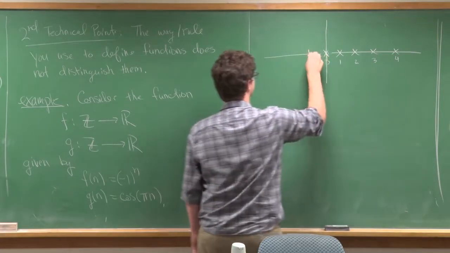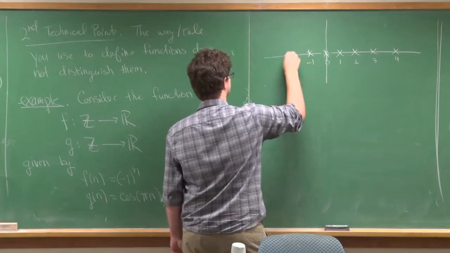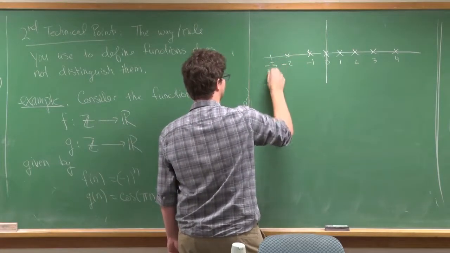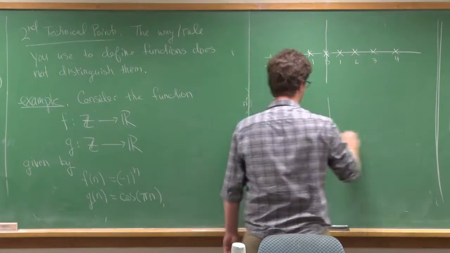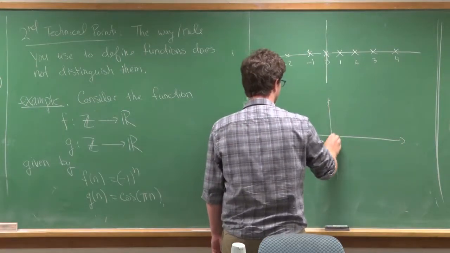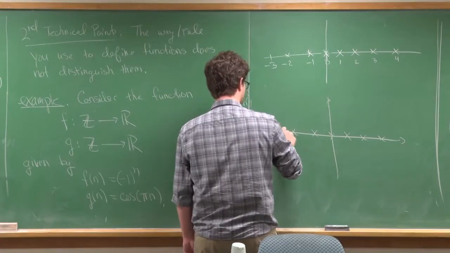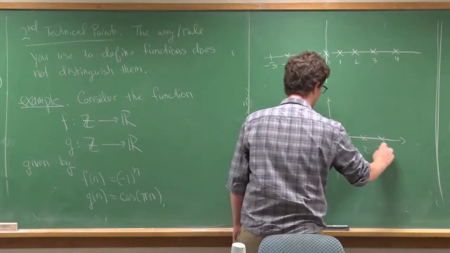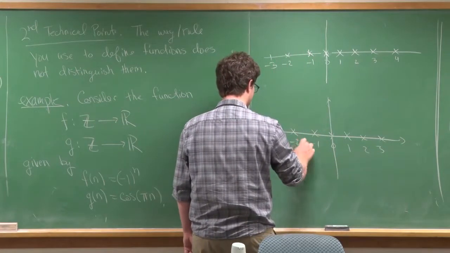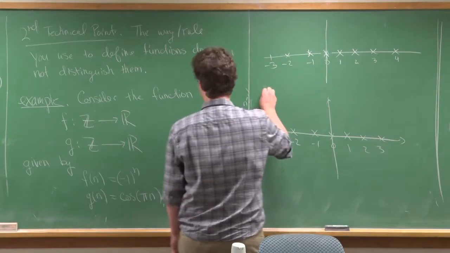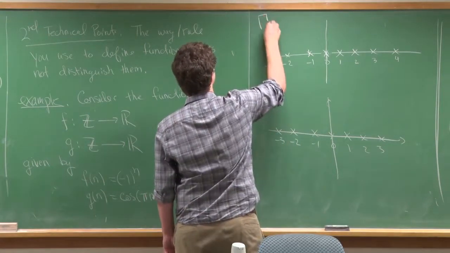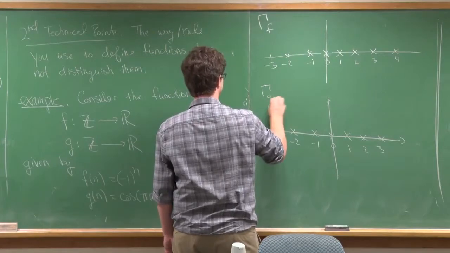This is 0, -1, -2, -3. And let's do the graph here of the second one. So we'll do 0, 1, 2, 3, -1, -2, -3. And so here let's do the graph of f, and let's do the graph of g.